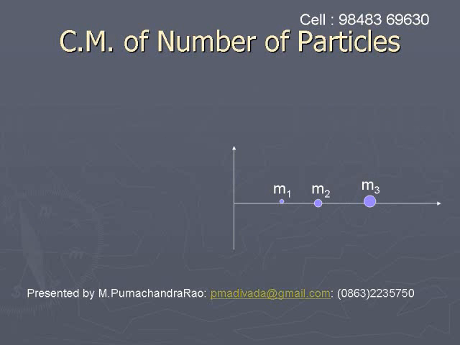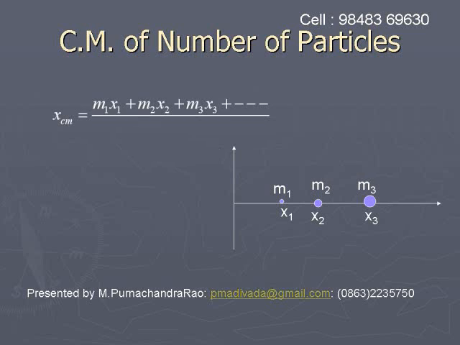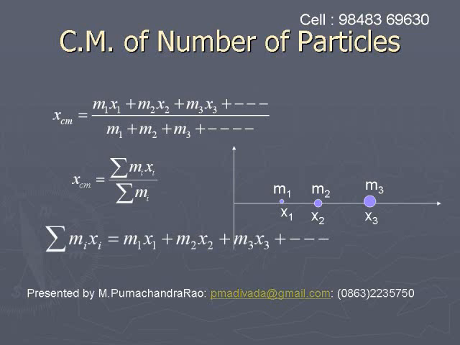Center of mass of a number of particles. Let us suppose particles of mass m1, m2, m3, etc. lie along the x-axis with coordinates x1, x2, x3, and so on. Then the center of mass of this system of particles is given by XCM is equal to (m1 x1 plus m2 x2 plus m3 x3 plus ...) whole divided by (m1 plus m2 plus m3 plus ...). This can also be written as XCM is equal to sigma mixi divided by sigma mi.